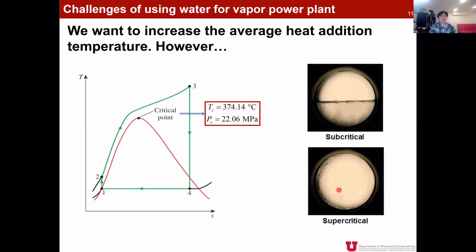In fact, if we make the phase change process a supercritical process, it does increase the area surrounded by the processes. So we can get certain benefits by using the supercritical condition. But at the same time, using the supercritical condition usually means very high pressure.